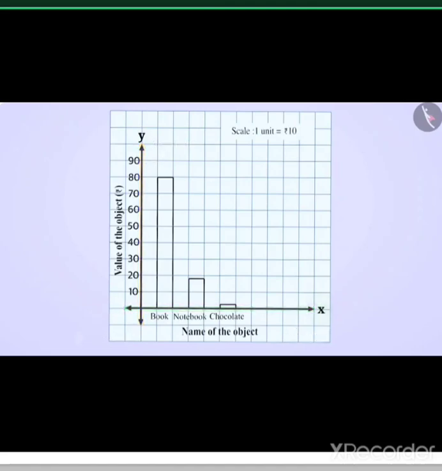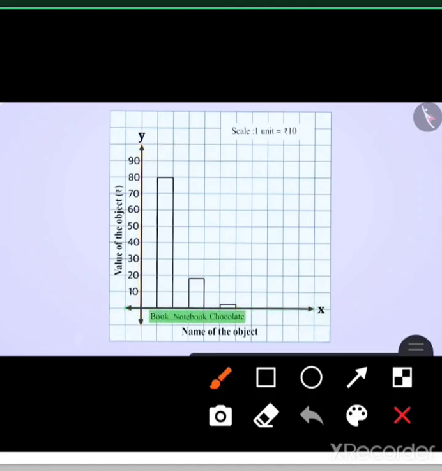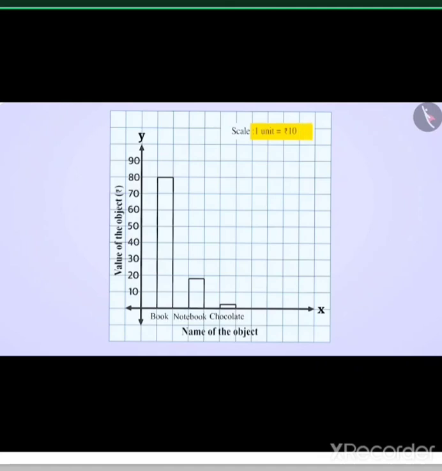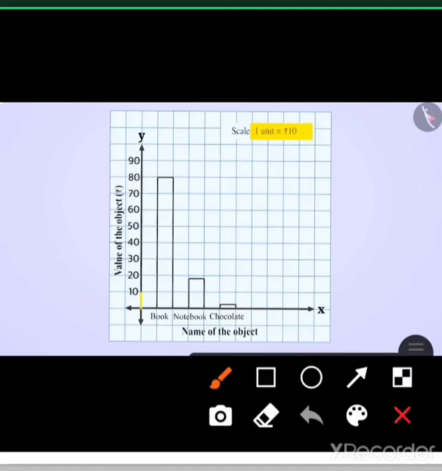Then the names of the objects, book, notebook and chocolate, and the value of the object is 10 to 90 because we take the scale 1 unit equal to rupees 10. 0 to 10, 10 to 20, 20 to 30, 40, 50 up to 90. All the scales are the same, with the same differences.